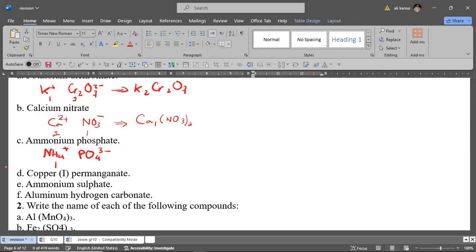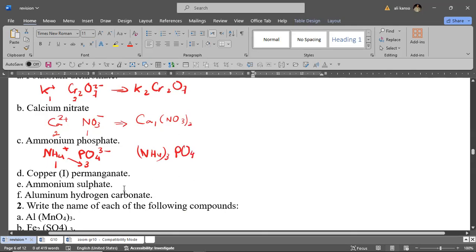So this is charge 1, this is charge 3, and with the crisscross, this will be 3 times NH4 plus, and PO4 one time. This is the formula unit of ammonium phosphate.